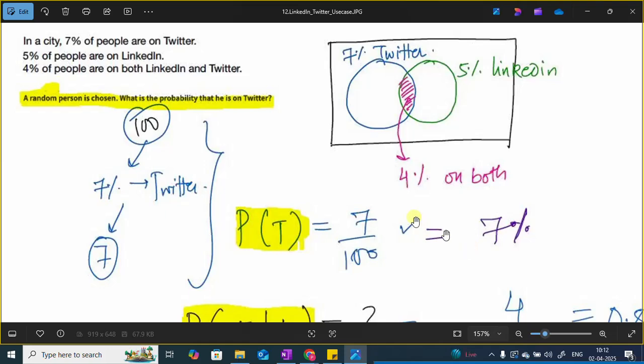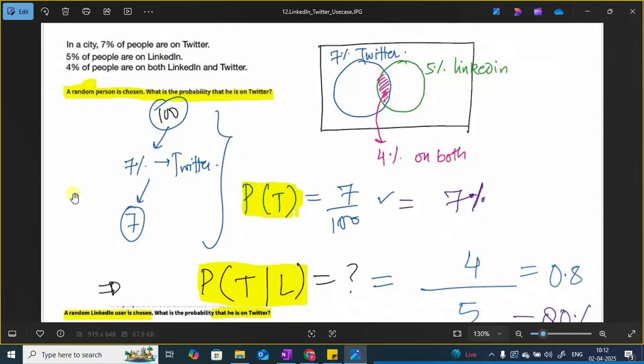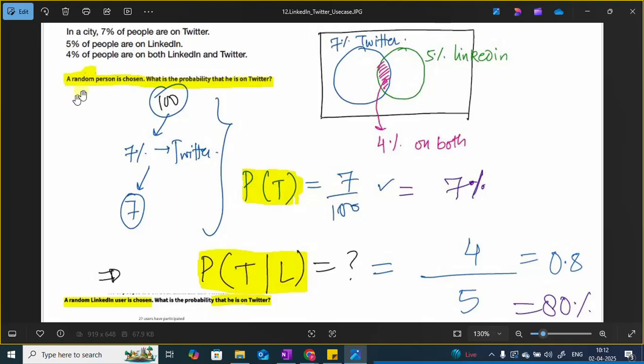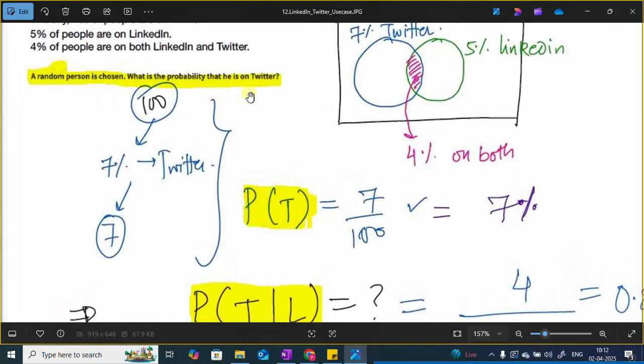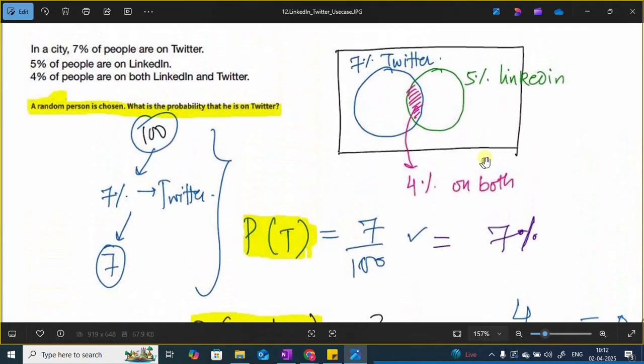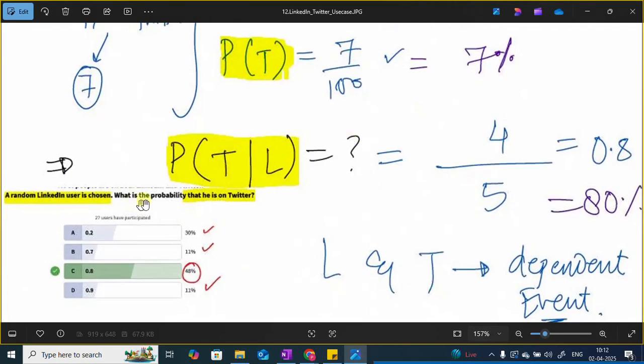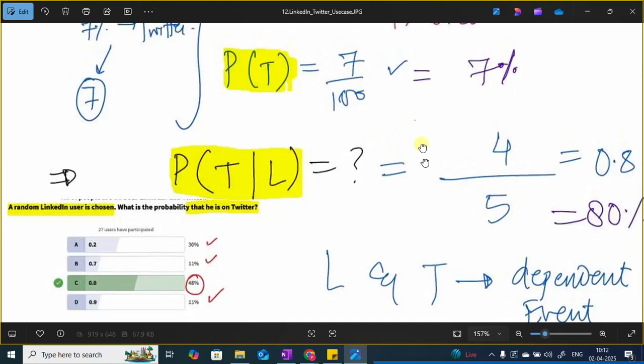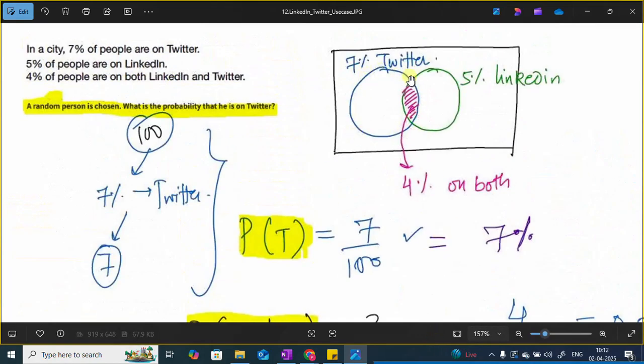That is nothing but 0.07 probability or 7%. Now, a random person is chosen, what is the probability that he is on Twitter? This is the answer. Now, second, a random LinkedIn user is chosen. LinkedIn user means this one belongs to this green color area, which is nothing but 5%. What is the probability that he is on Twitter? If he has to belong to Twitter, then I have to take this common part.